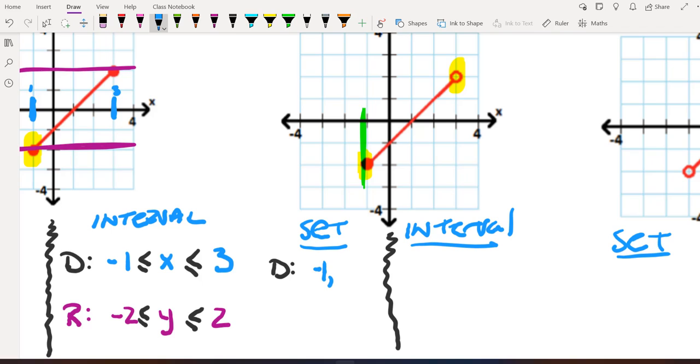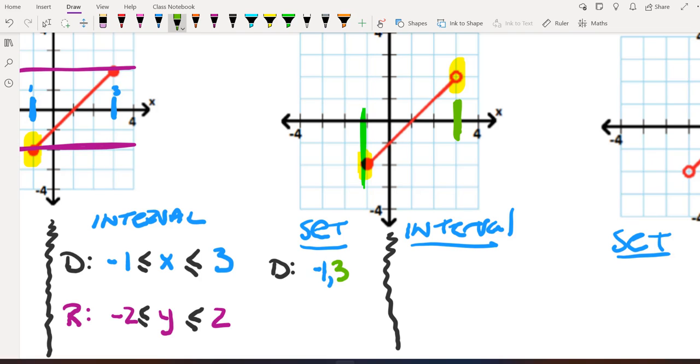So going all the way to the right, that is the biggest value of x. We go over here. And what is the biggest value of x that can be? 3. Right? And that determined the range of values. x is between -1 and 3.